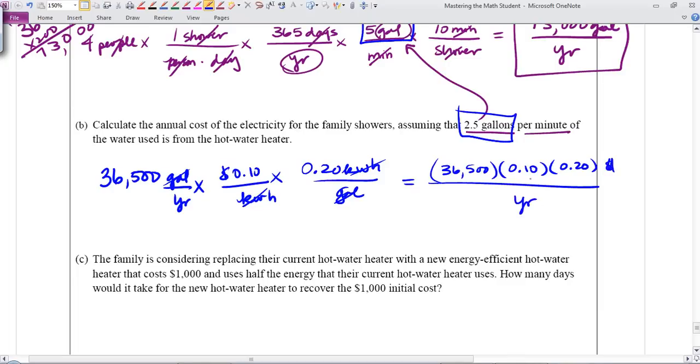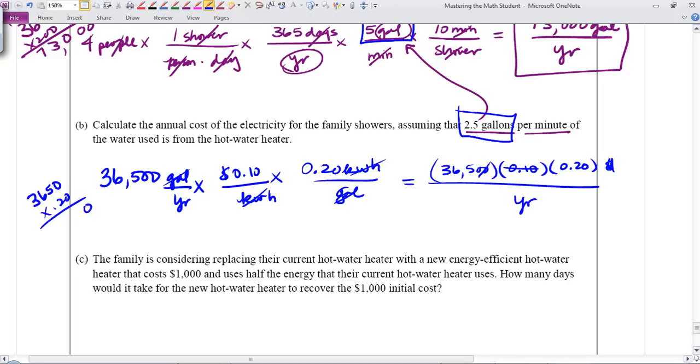All right, so can you do that? So if you multiply 36,500 by 0.1, you just lop off a 0. So that's going to be 3,650. I'm just multiplying by 0.1, it just takes one of those zeros off. And now multiply by 0.2. Or I could have just moved a decimal, perhaps. Nope, I was going to have to multiply by 0.2.